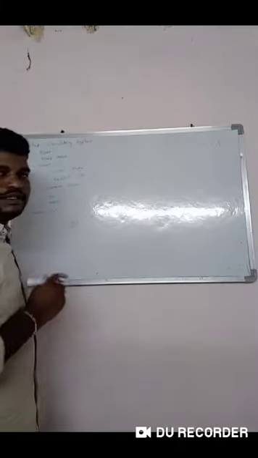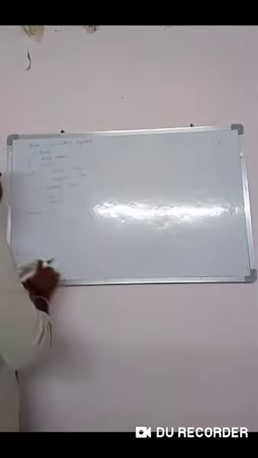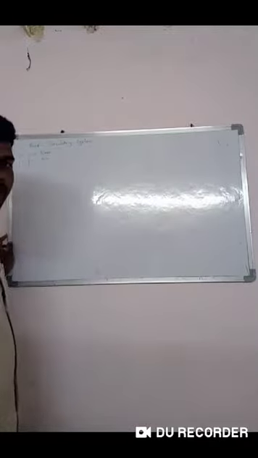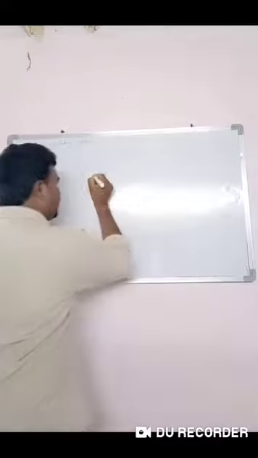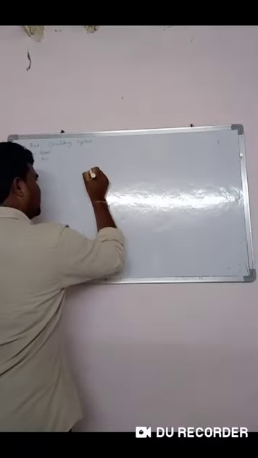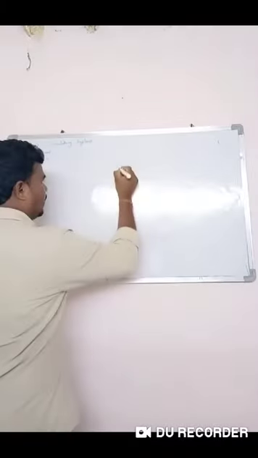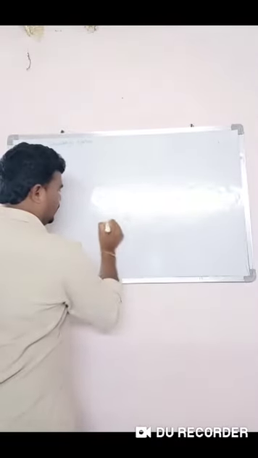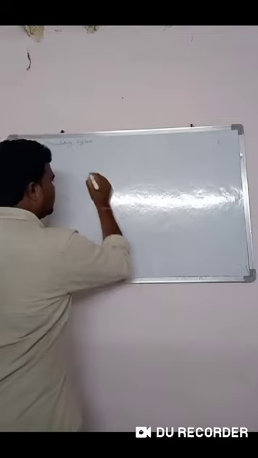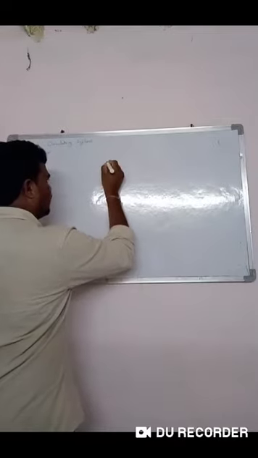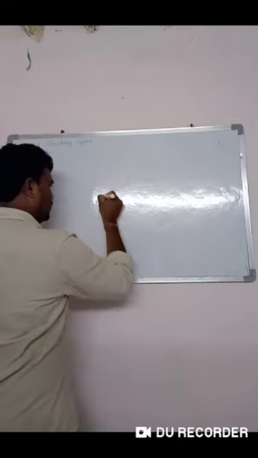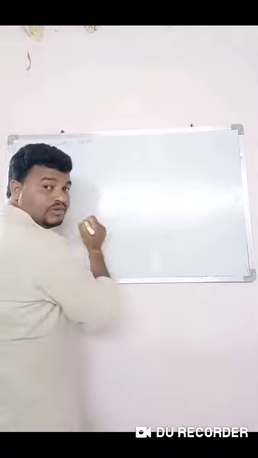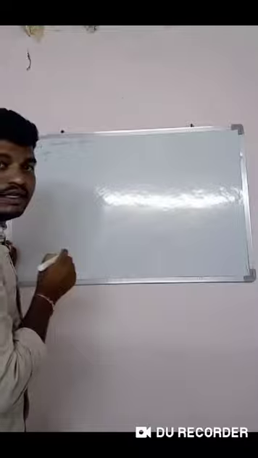Now the second one is the internal structure. Before going to the internal structure, I will draw the diagram. Here, these are the two auricles. An exact diagram is not there, but a rough diagram is.